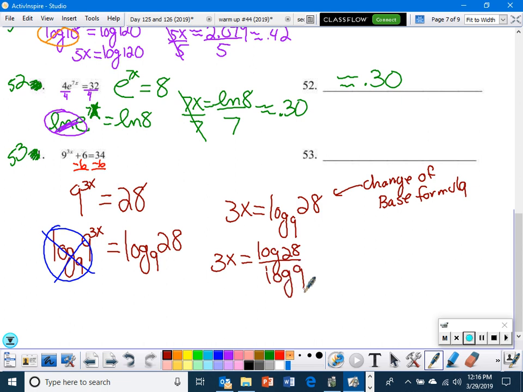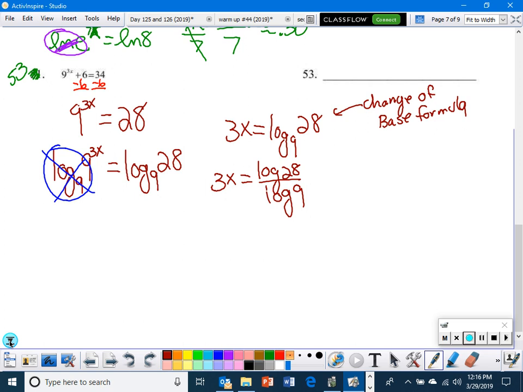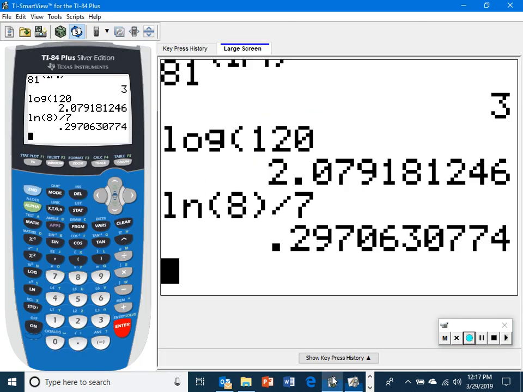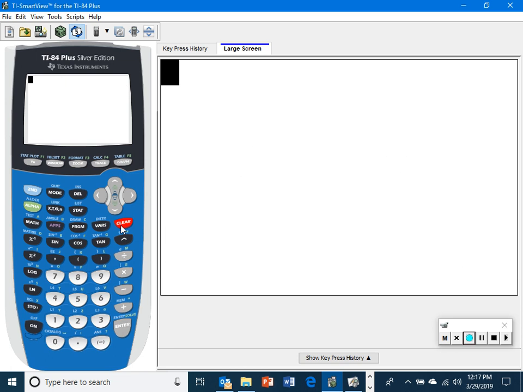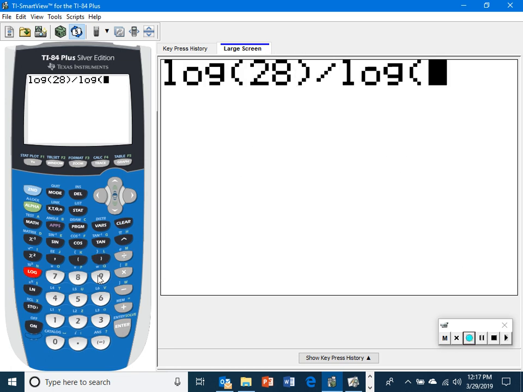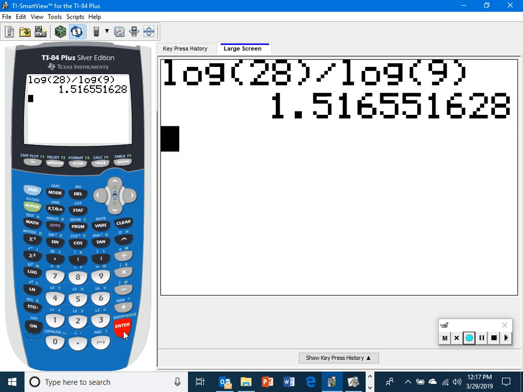All right, so let's see what we get. Log 28 divided by log 9. So we're going to say about 1.517.